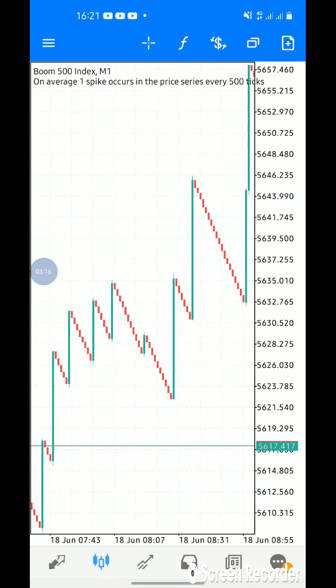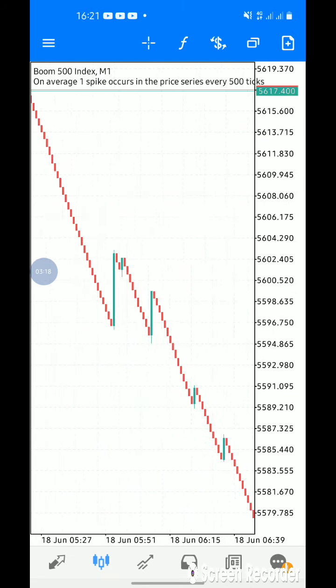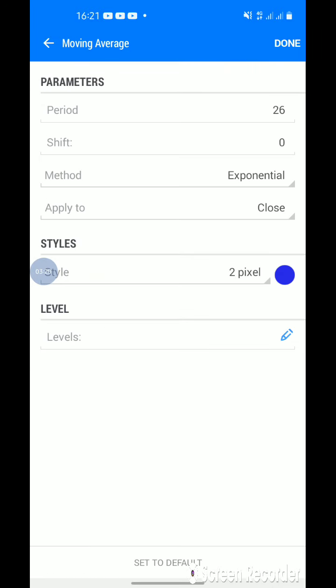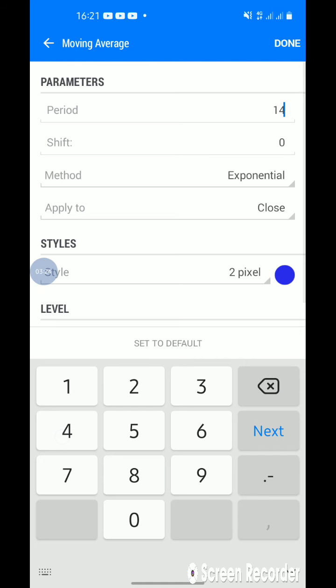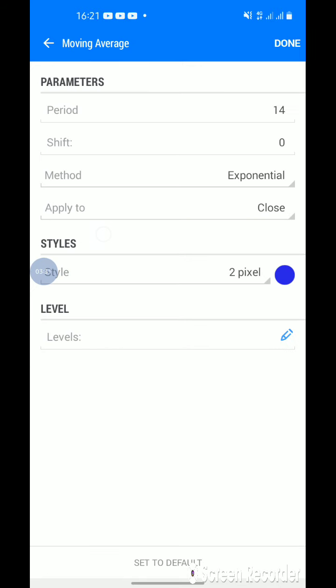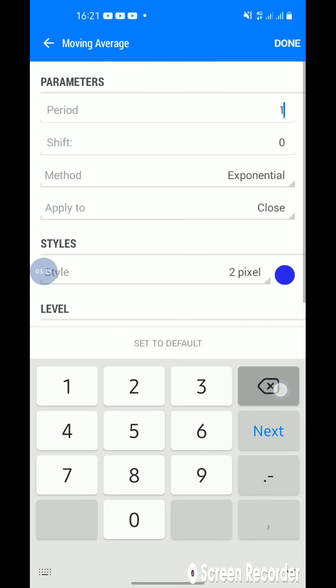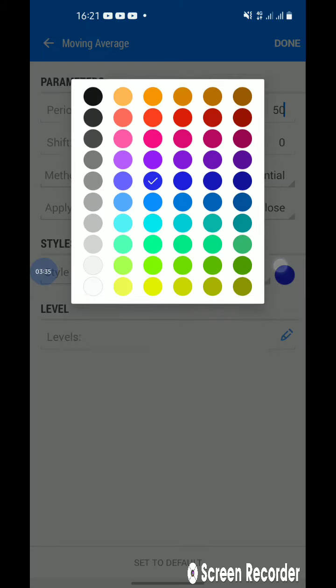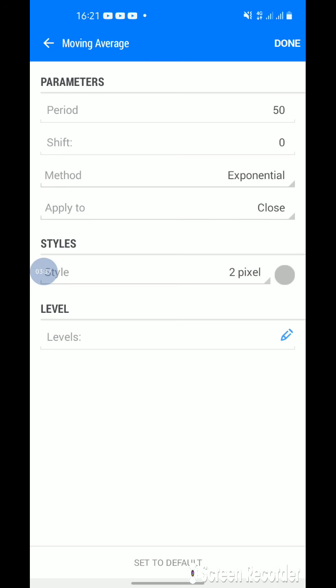We start by deleting this, and then I start by adding the 14 exponential moving average, in blue color, visible for me. Then I add 50, and I put this gray color.